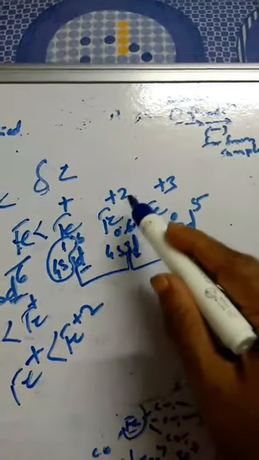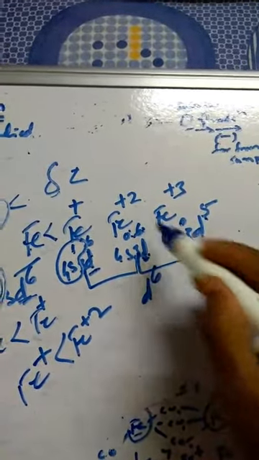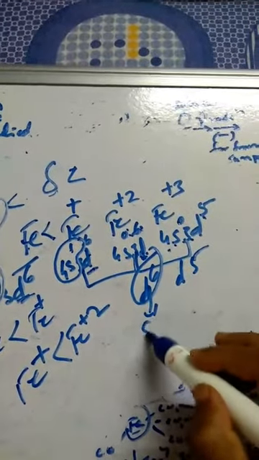Now consider Fe+2 and Fe+3. In both you can see 4s0, very good. But here it is d6 and d5. So d6 is there in Fe+2, but in Fe+3 d5 is there. The more the number of d electrons, the more the screening effect will take place.